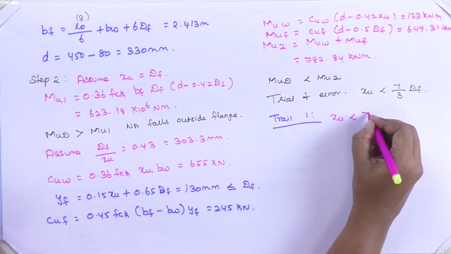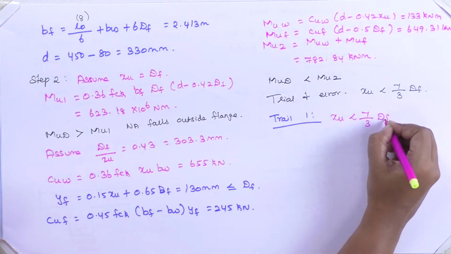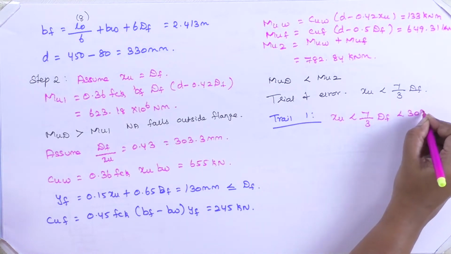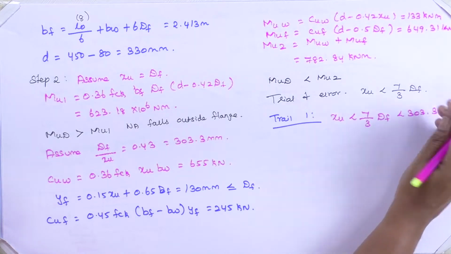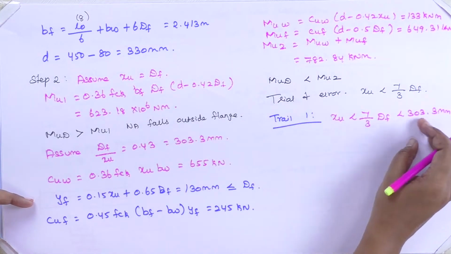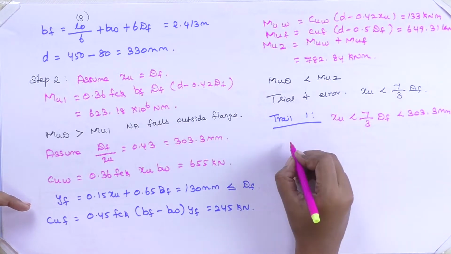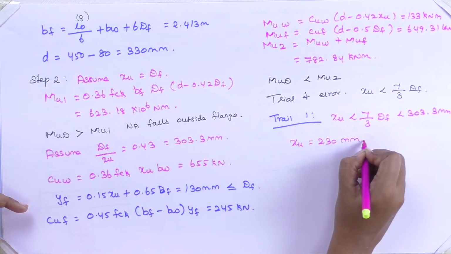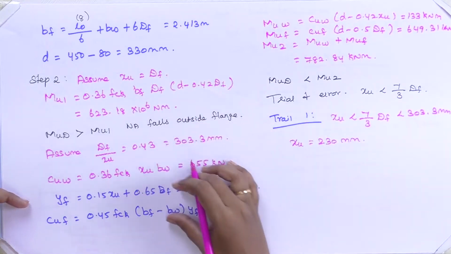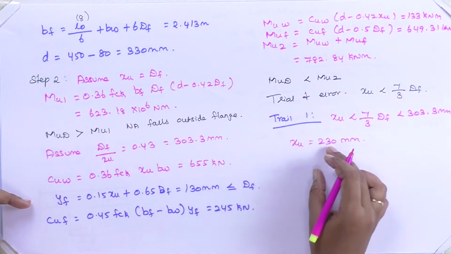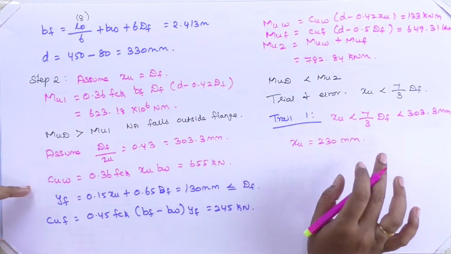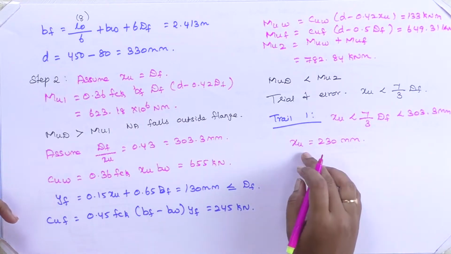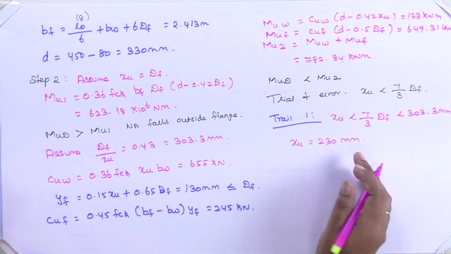XU is less than 7/3 DF, which is less than 303.3 mm. So I will assume XU as 230 mm. I need to check whether the same procedure will follow, whether my XU lies over here or where I will get my exact moment. So XU I will put it as 230 mm.